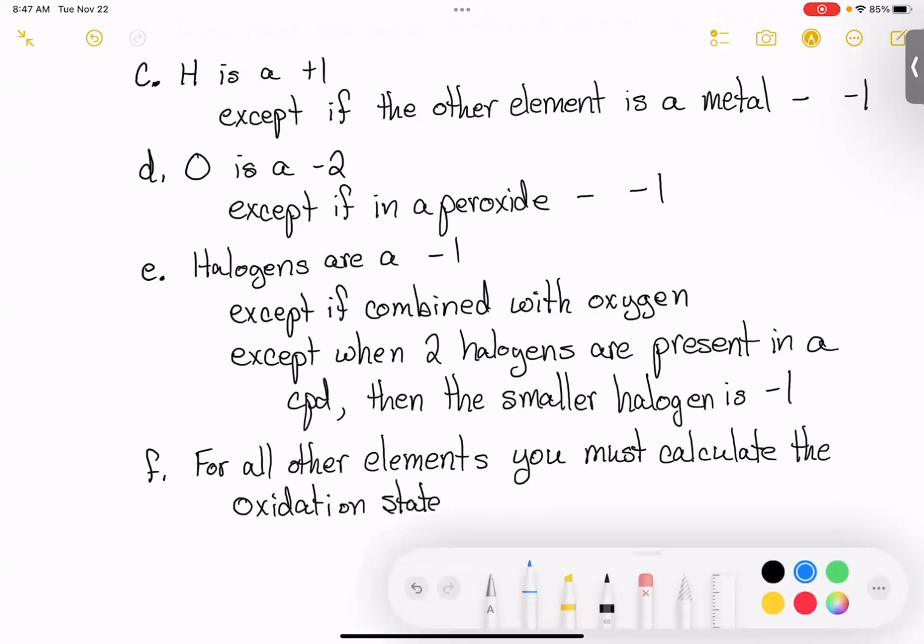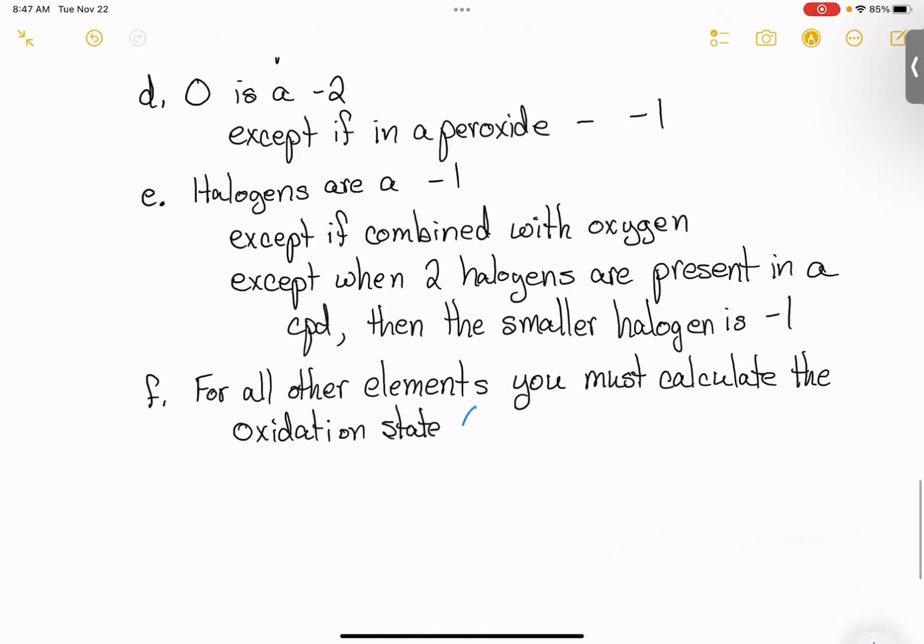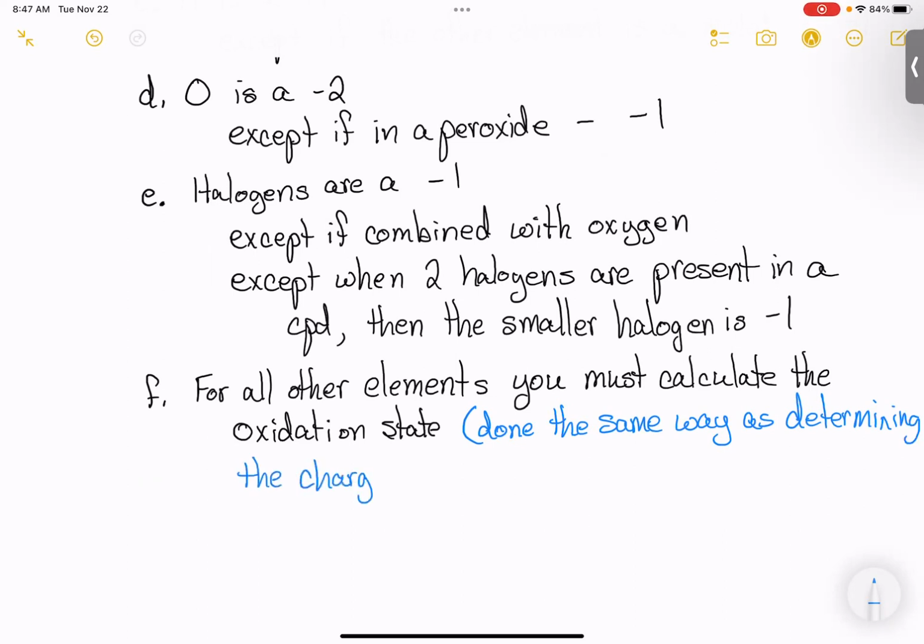And folks, you actually already know how to do this, because it's done the exact same way as determining the charge on a metal that can have a charge that varies.